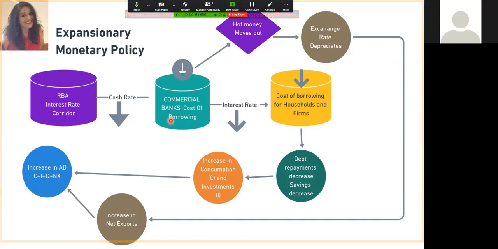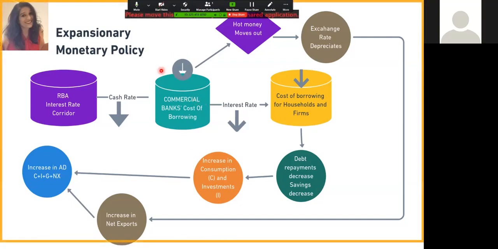It's the same kind of story, folks, that if commercial banks have to repay less, they are left with more money, and that means they can afford to charge you a lower interest rate.